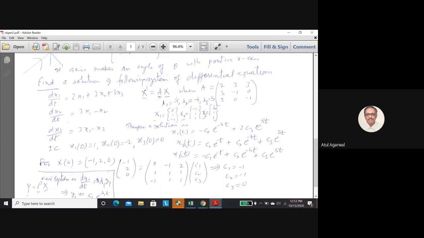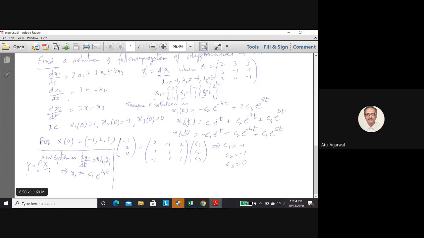And what will we get? We will get equations like this. Your new system is dy1 by dt equals lambda 1 y1, dy2 by dt equals lambda 2 y2, dy3 by dt equals lambda 3 y3. So you can get your y1. If you solve this equation, y1 is equal to some constant into an exponential function. Have you seen this kind of equation? dy by dt is equal to y.